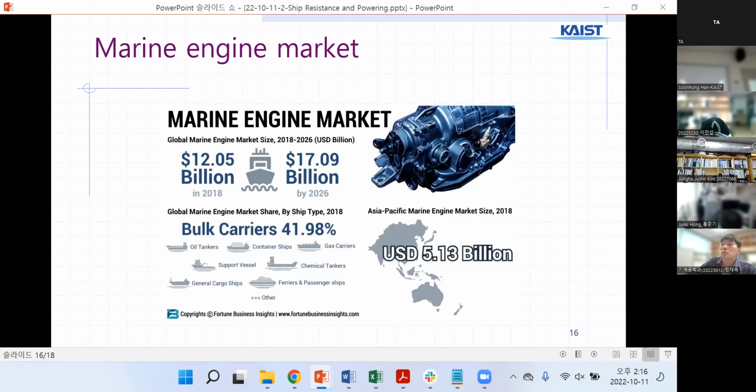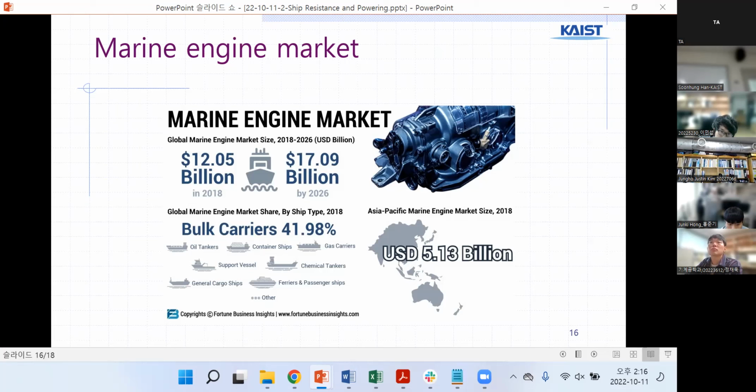Marine engine market size: global marine engine market size is US $1 billion, something like that, and then bulk carriers 40%. The Asia Pacific marine engine market is 5 billion, something like that.